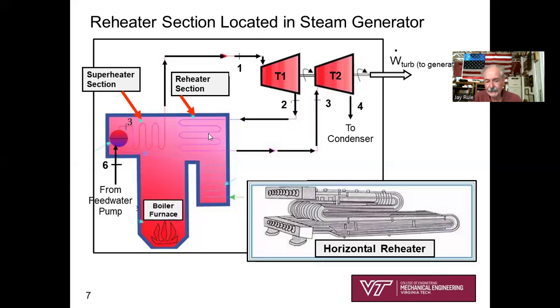What will this reheater section look like? It's simply going to look like a bunch of hairpin tubes connected up to a couple of manifolds, an inlet and an outlet manifold. That's what the reheater is going to look like in the horizontal position, and that's sort of what it's shown like in this sketch. So that helps you hook up a textbook sketch to what things would look like in the world.